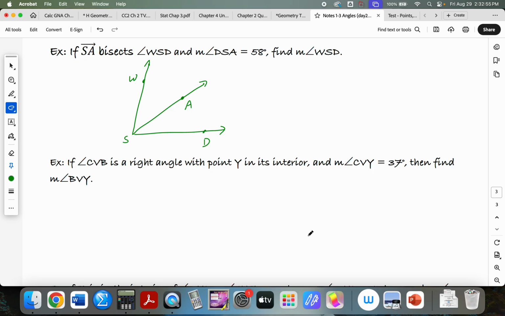Like if you were to bisect and had to make it even, you had to do little marks. So this is how we mark that these two are the same. So instead of doing those, could you make a little line in between, like how you would do for a square?